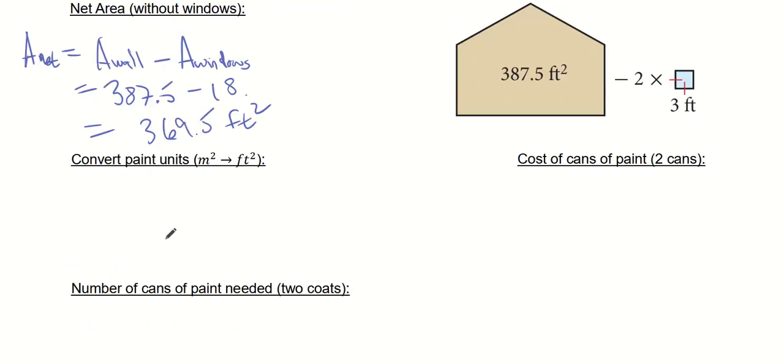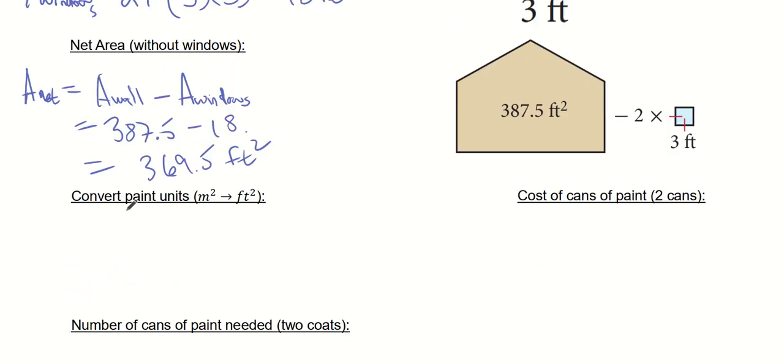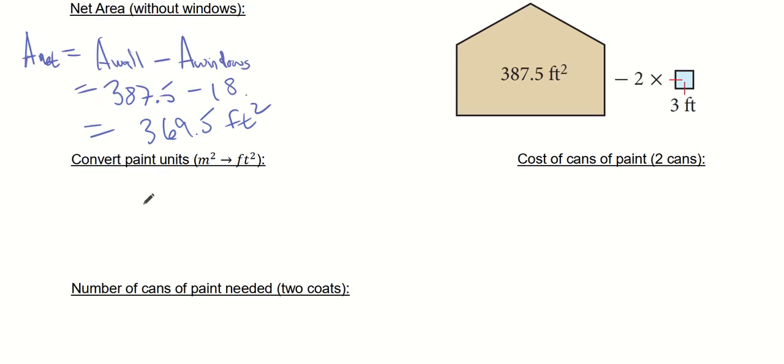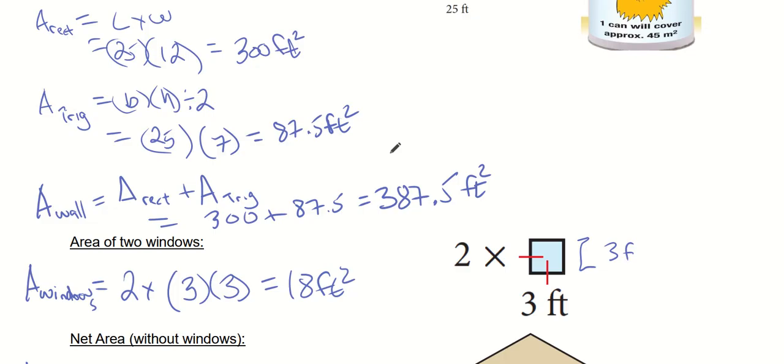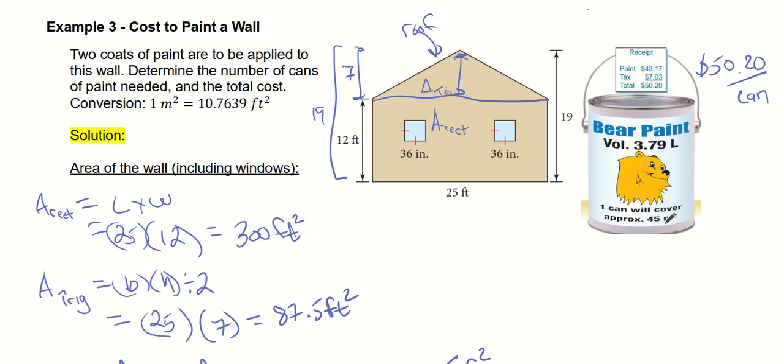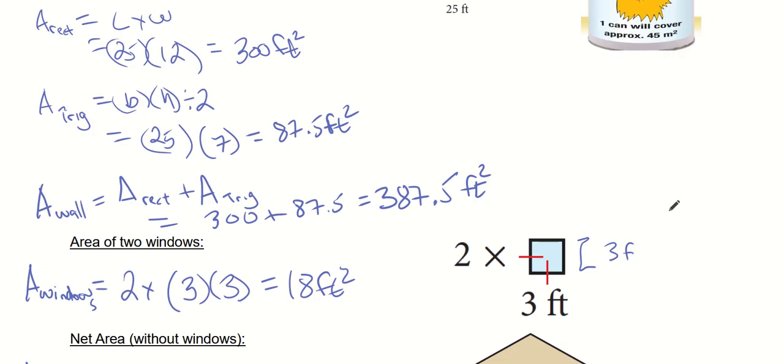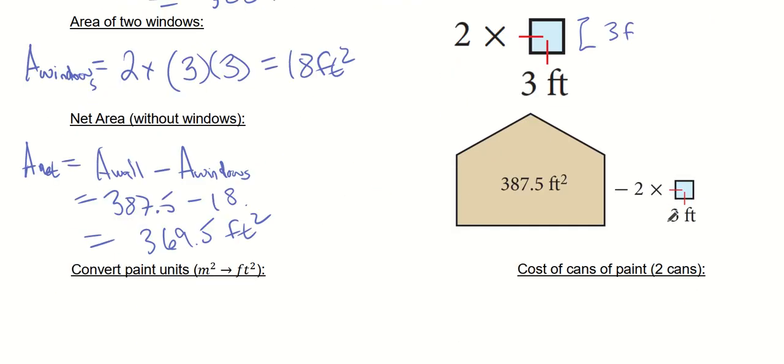Now, here's the hard part. We have to find the paint units first, and we're going to convert from meters to feet, because up here it says every can of paint will cover 45 meters squared. So let's transform that into feet squared, the area of the paint. 90% of all conversions you'll ever see are done the same way.